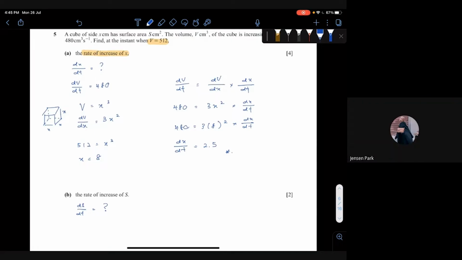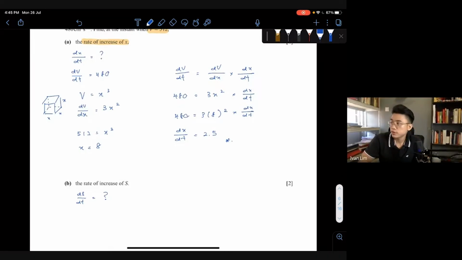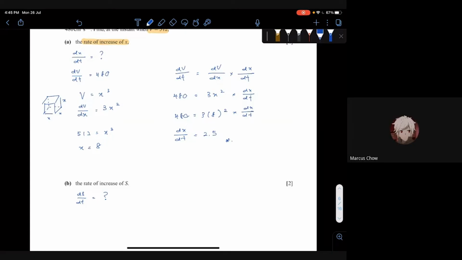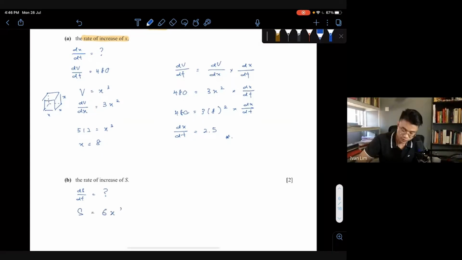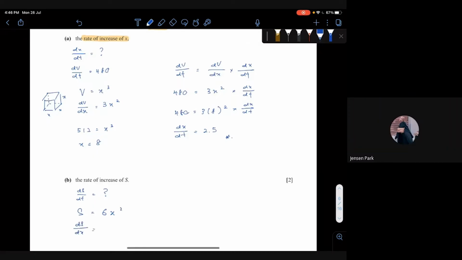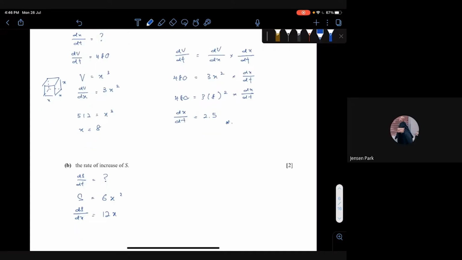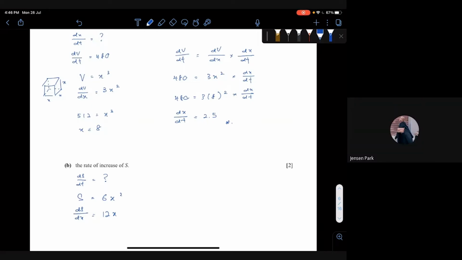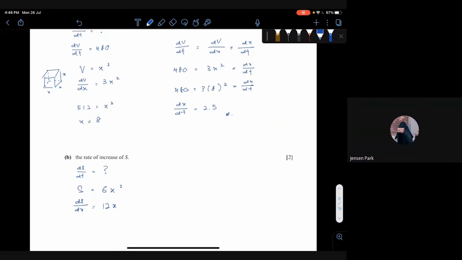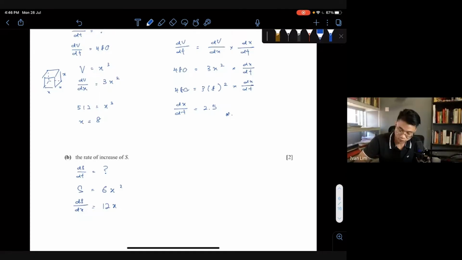Then ds over dx is 12x. Then you substitute your x into the equation, which will give you 12 times 8 times 2.5, which is 240.